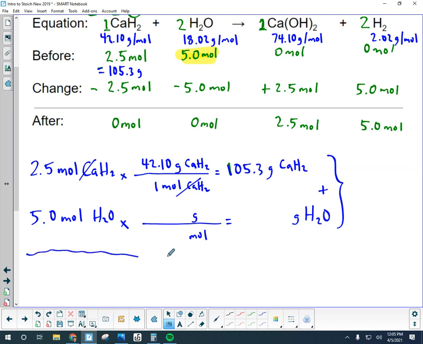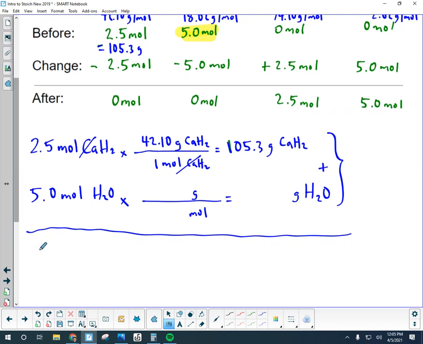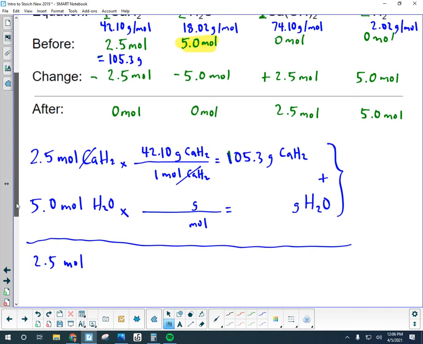And then we want to do the same thing for what we're predicting happens after the reaction. We want to take 2.5 moles of CaOH2 times its molar mass, grams per 1 mole.